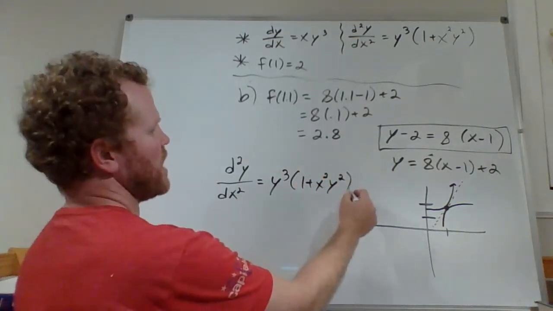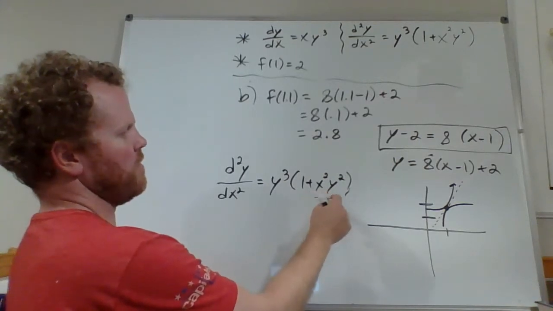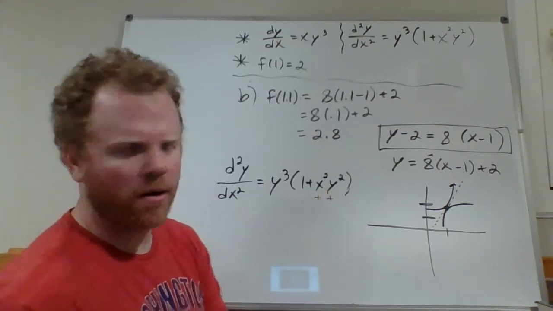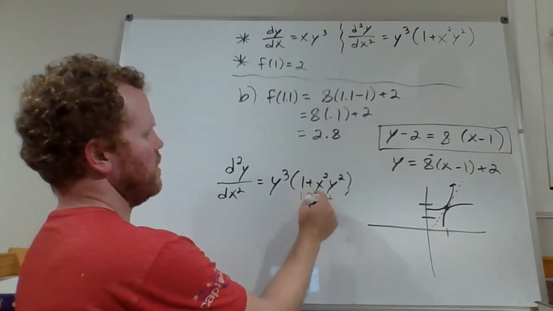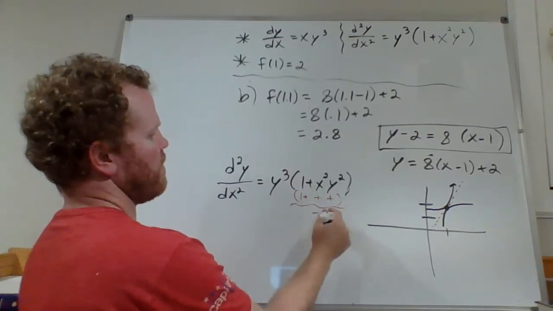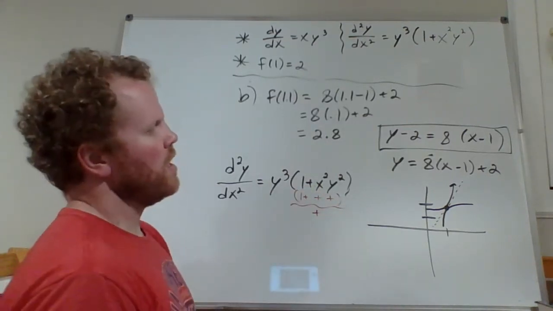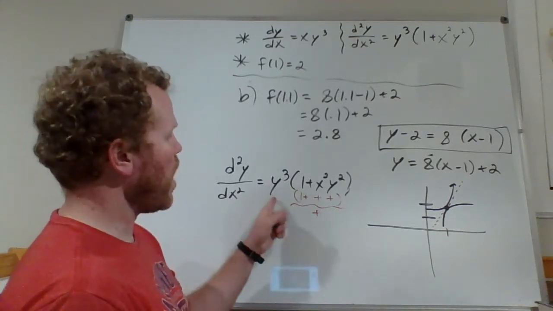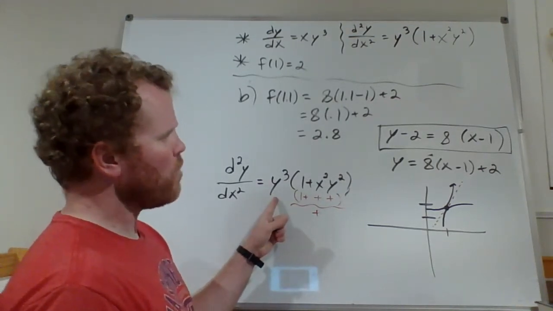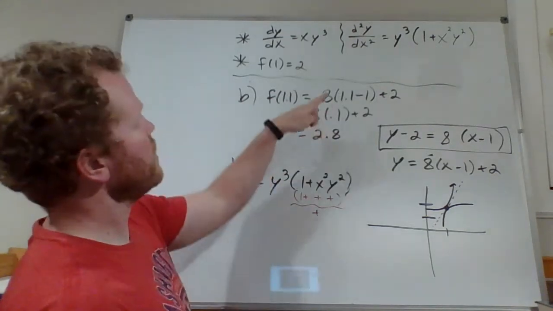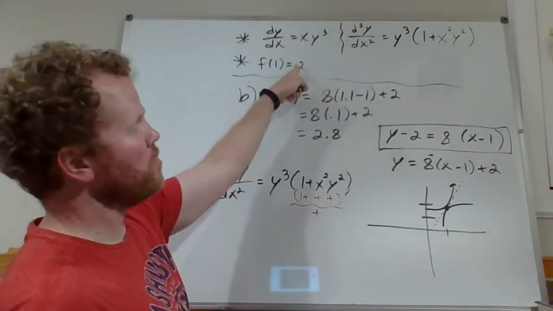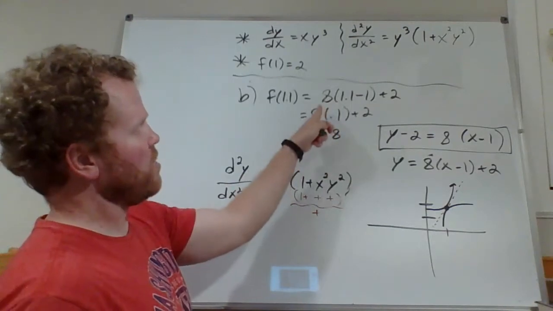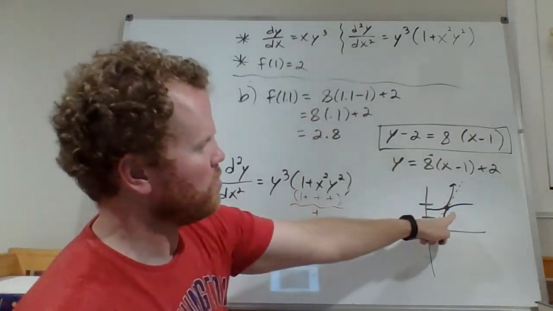This second factor is actually easier because this guy's positive because you're squaring them. You're going to add 1. So overall, this whole second factor is positive. The other thing we know is that y cubed, we already know at 1, the value was 2. We also know we're increasing because this derivative is 8.